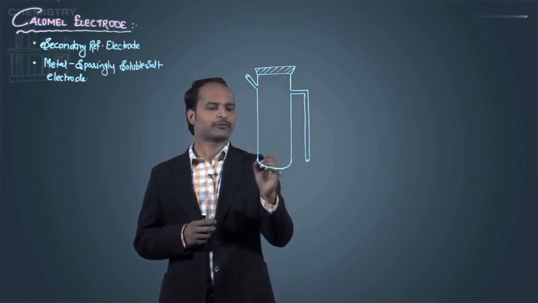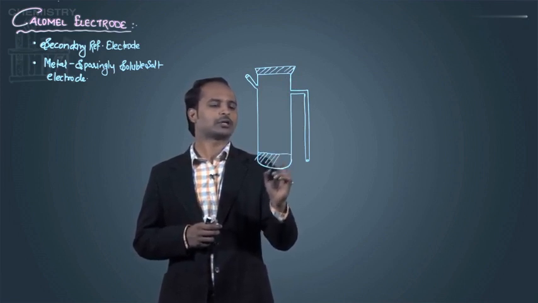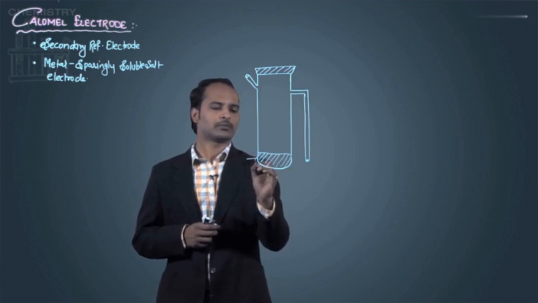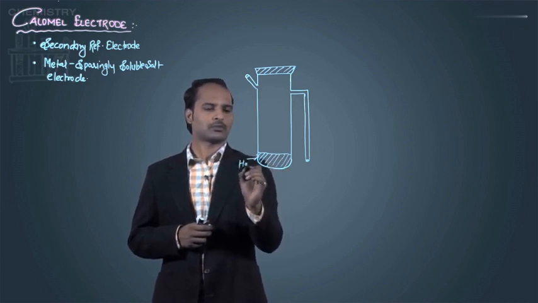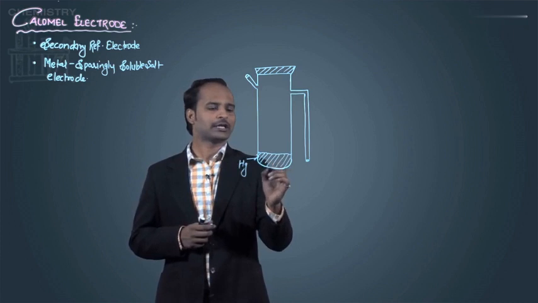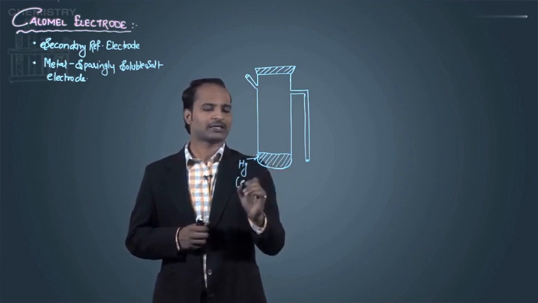In this calomel electrode, first it is filled with mercury. At the bottom there is liquid mercury. This mercury liquid itself is acting as an electrode here.